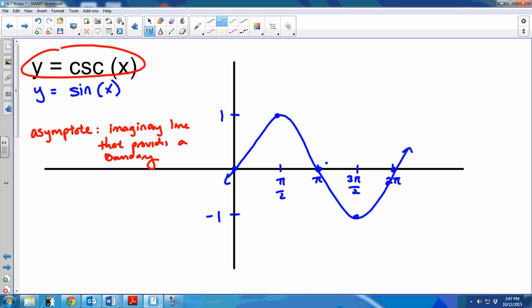So for cosecant, there are asymptotes at the x-intercepts. And then later when we start shifting and everything, they'll be at the midline intercepts.